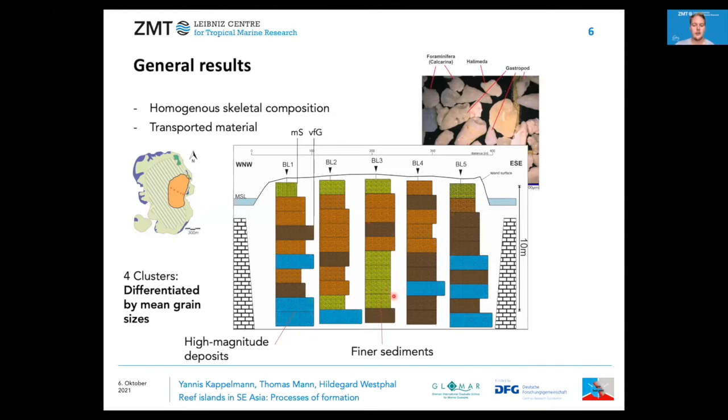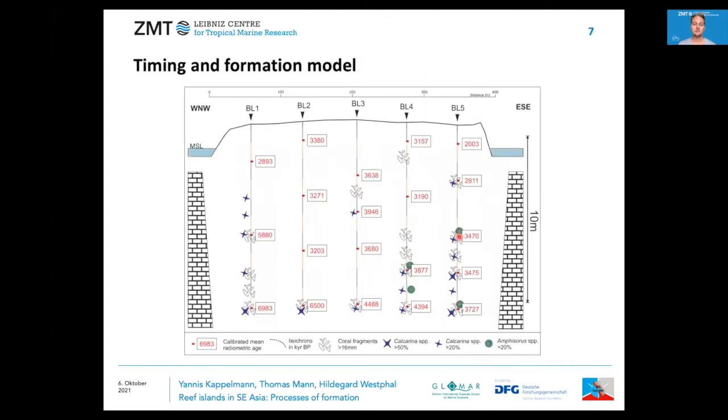Of interest is that when we look at the central core, the corresponding depth, so the deeper strata here, has significantly finer sediments, whereby we may assume that the supply of sediment was generated from both flanks, from the west as well as from the east, in order to infill this lagoon.